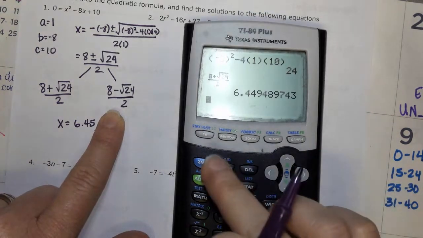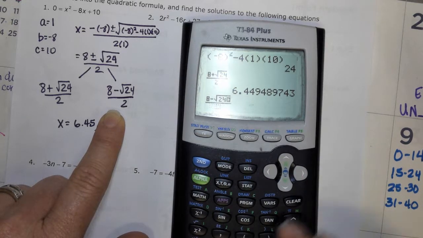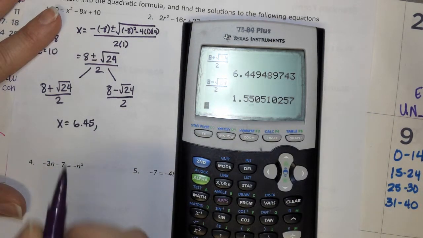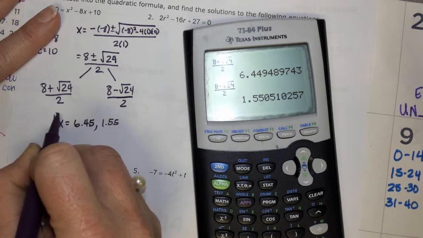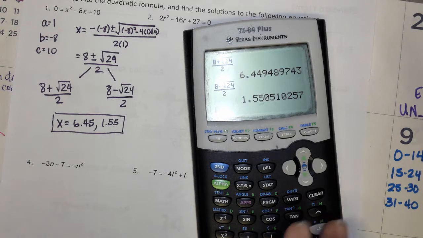And then for my second solution, I have 8 minus the square root of 24, all divided by 2. So that's my other solution, which I'm going to again round up to the nearest hundredths place, so it's going to be 1.55. Okay, so that's it for number 1.